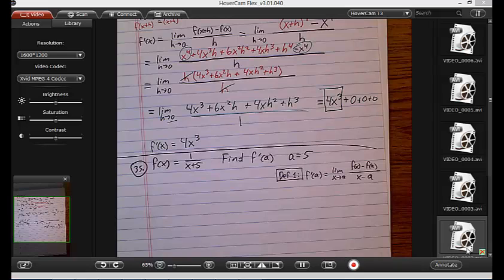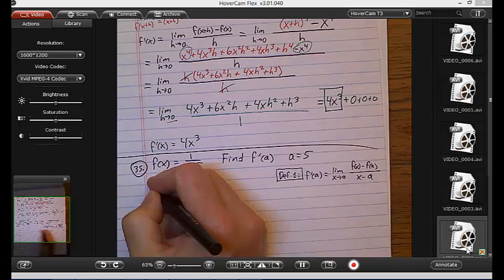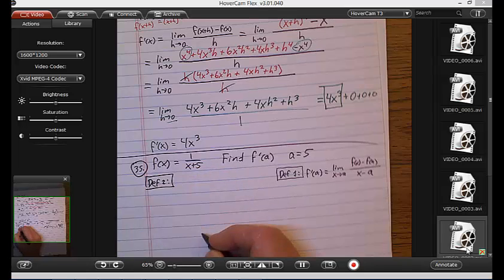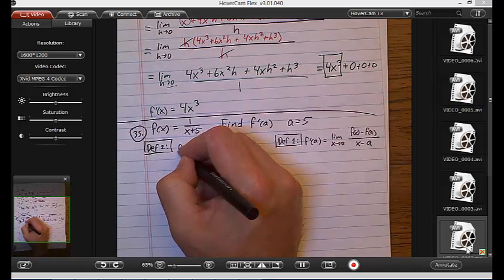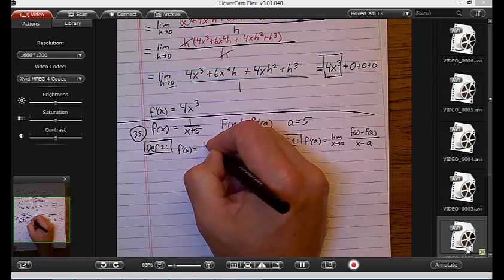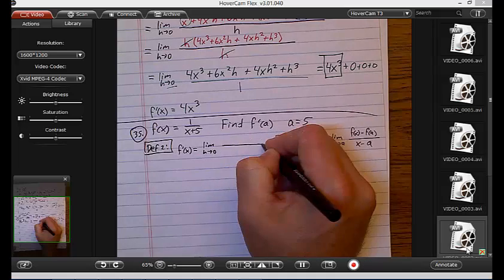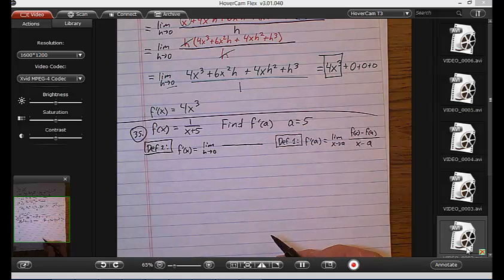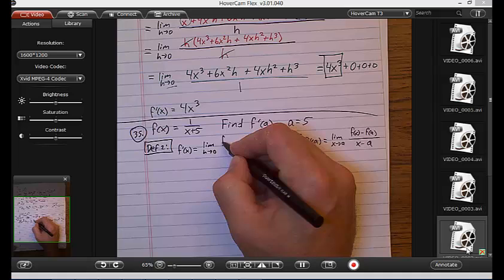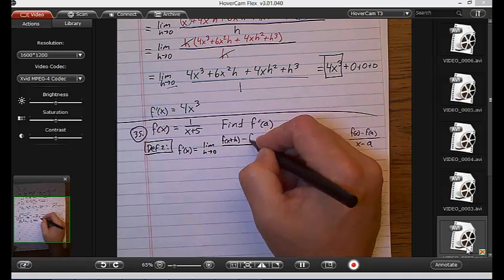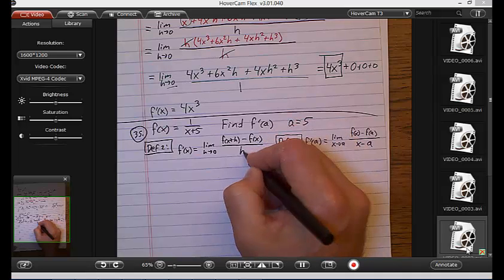But what I had you guys do in class is not that. I had you guys doing this definition, I'll write it here, definition 2, which is that f prime of x is the limit as h approaches 0 of the difference quotient that we put here: f of x plus h minus f of x, and then all over h.